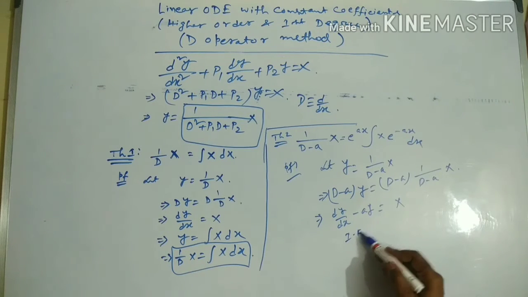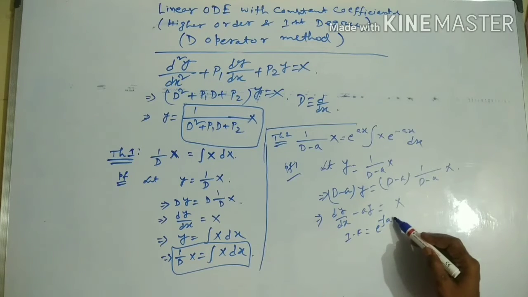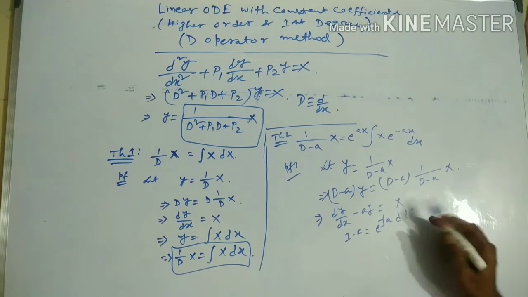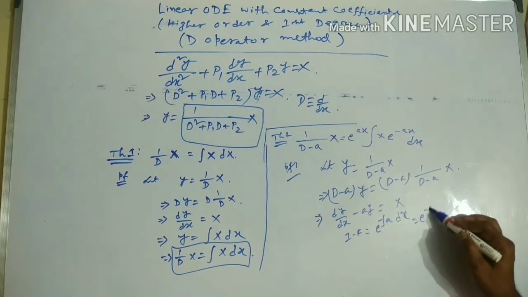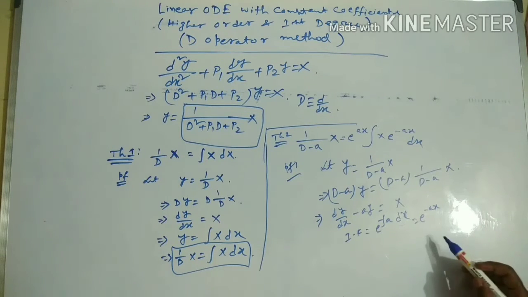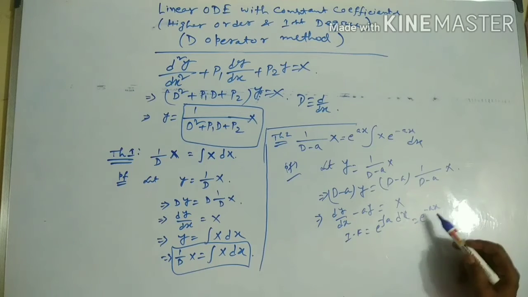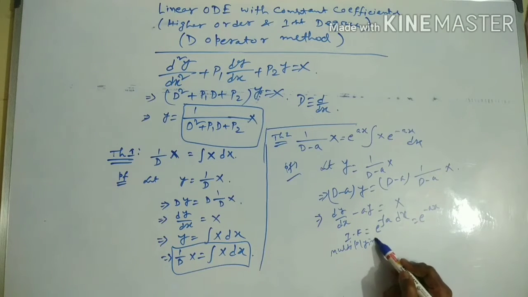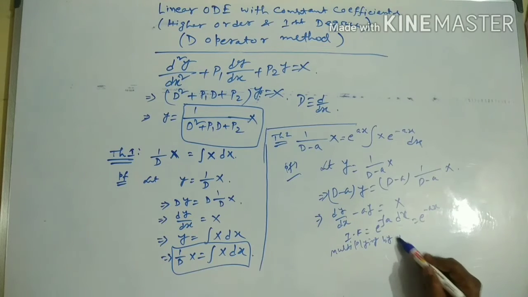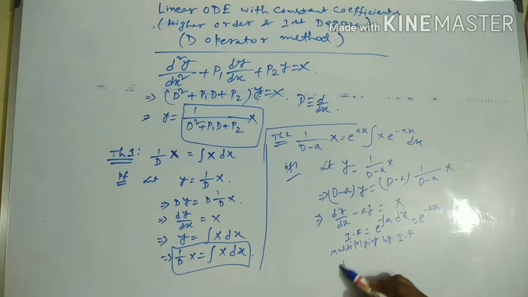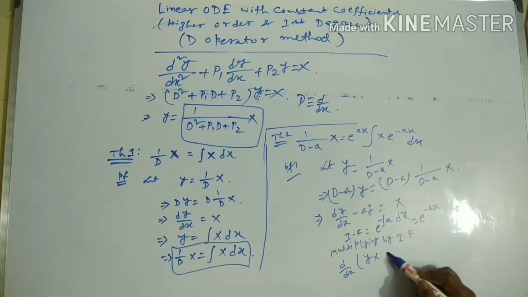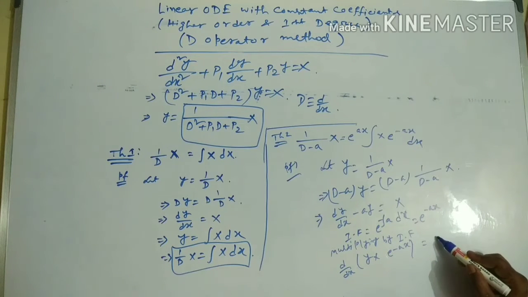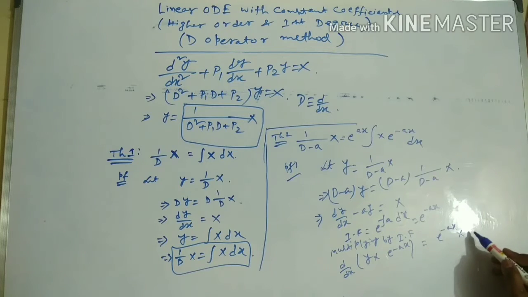So the integrating factor will be e to the power integration of minus a dx, that will be e to the power minus ax. Now we multiply this equation by the integrating factor. So multiplying by the integrating factor, we will get d dx of y times e to the power minus ax, that is the integrating factor, equal to e to the power minus ax into capital X.